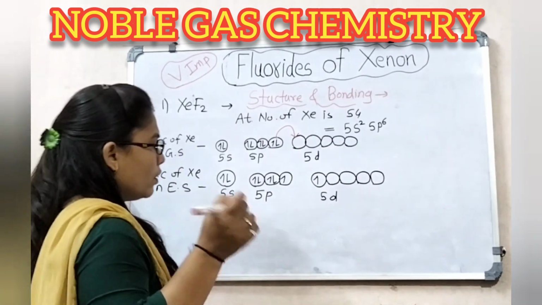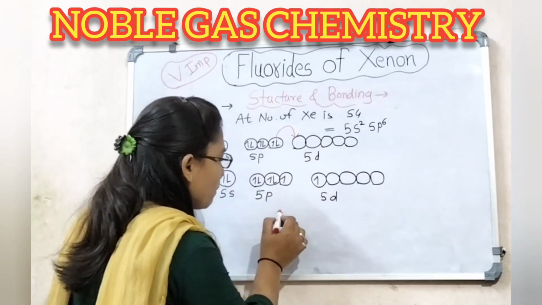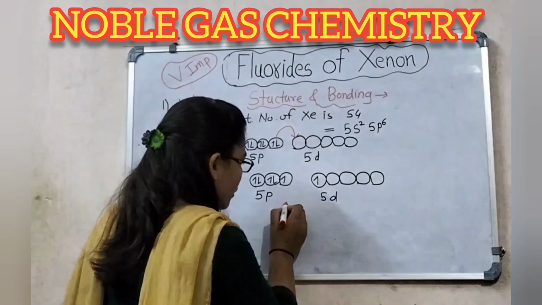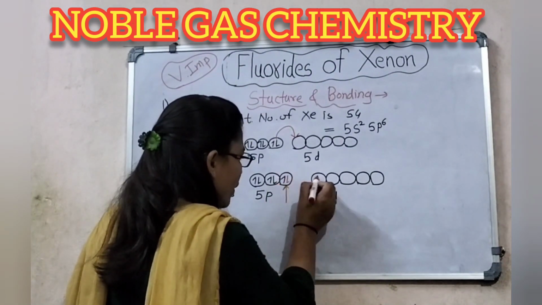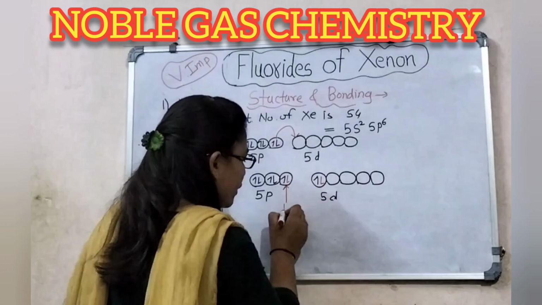When two atoms of fluorine combine with xenon, then we get xenon difluoride.